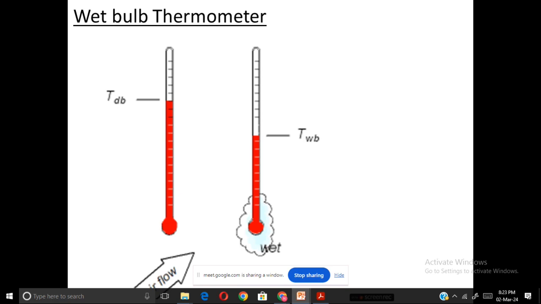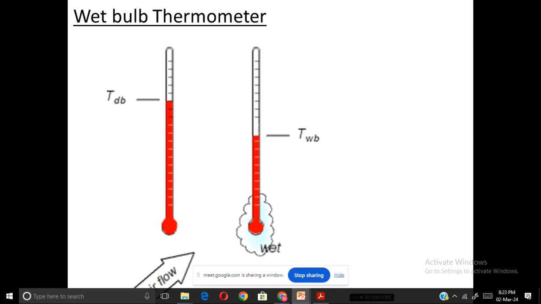Now what is wet bulb temperature? In the case of wet bulb temperature, we have a wet moist cloth which is covered on the mercury bulb. On top of the mercury bulb, we wrap a wet or moist cloth, which has a sufficient amount of water in it.